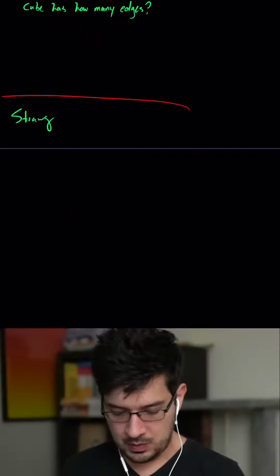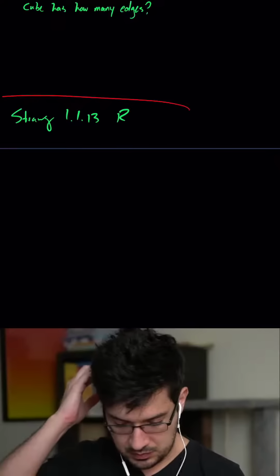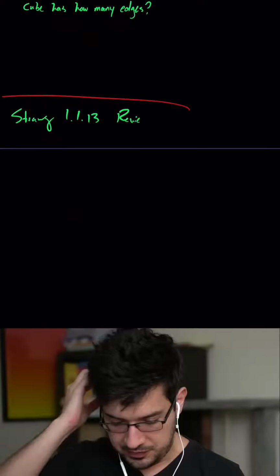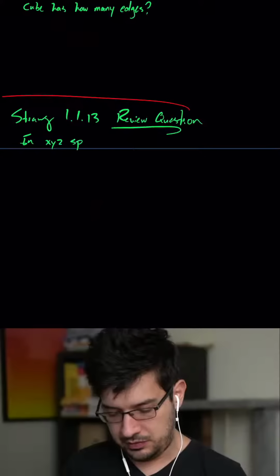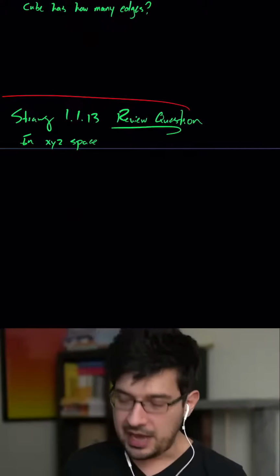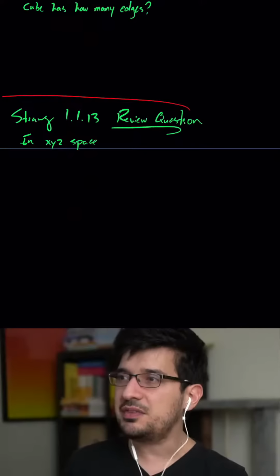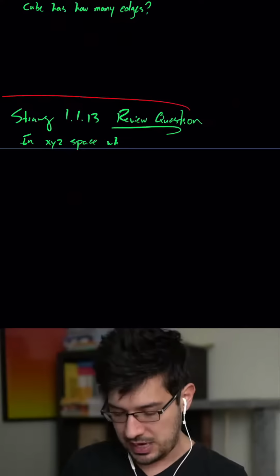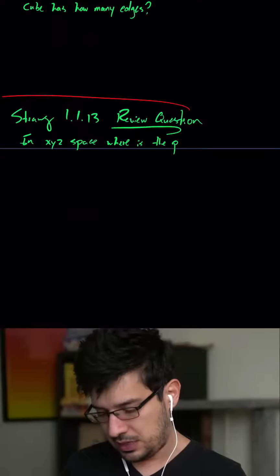Strang 1.1.13 says that this is a review question. In XYZ space, maybe I'm just bad at imagining 3D space like XYZ space. I feel like I've never been very good at that, but I can do it okay. Where's the plane?